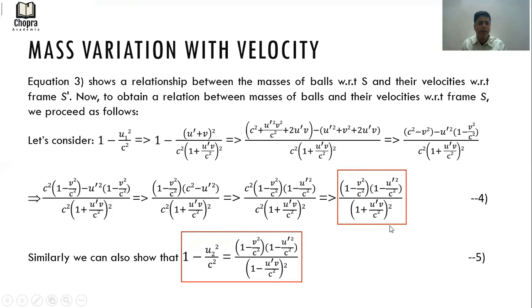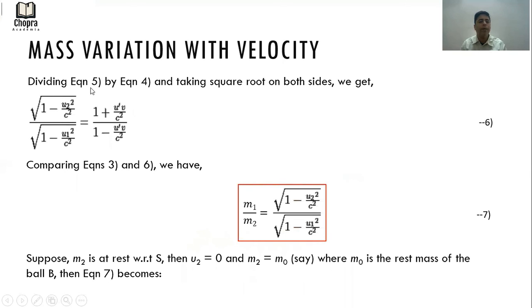We get root of 1 minus u2 square by c square by root of 1 minus u1 square by c square, which is equal to 1 plus u dash v by c square by 1 minus u dash v by c square. So equation number 6 is what we needed to substitute for this right hand side factor in the earlier equation.